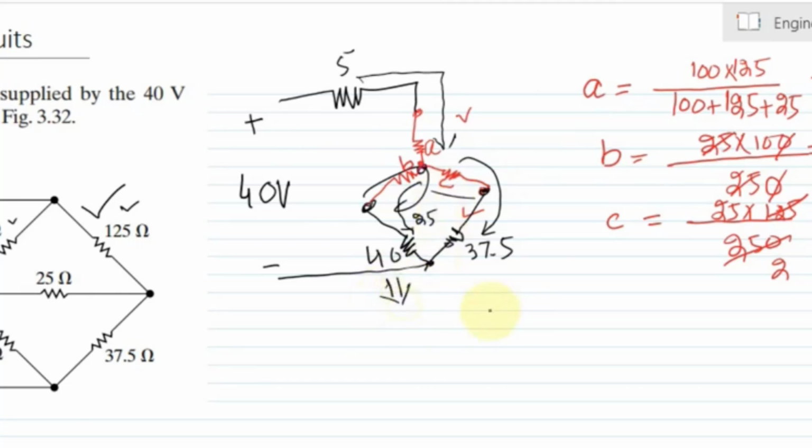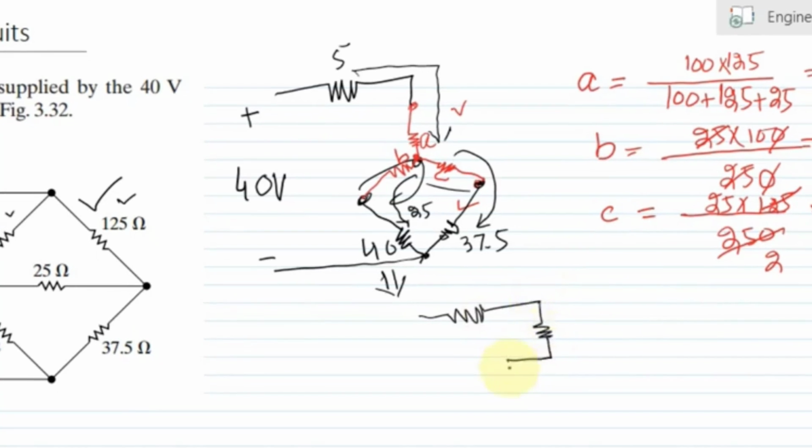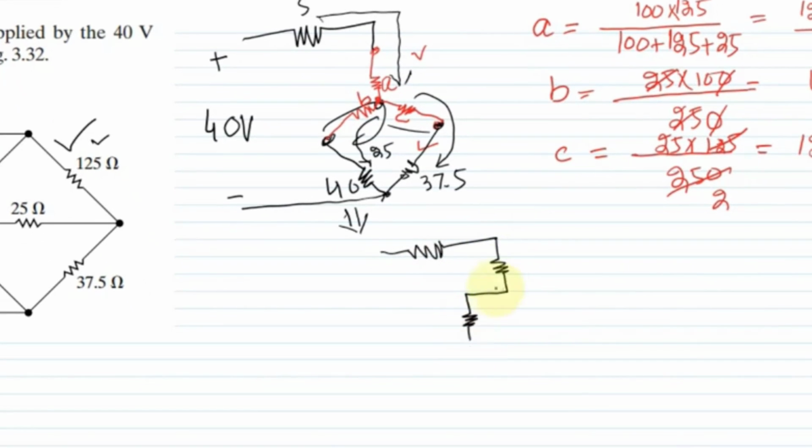So converting them into an unambiguous form, it will become like this one. Here this is a 5 ohm resistor, and the resistor A is 50 ohm.